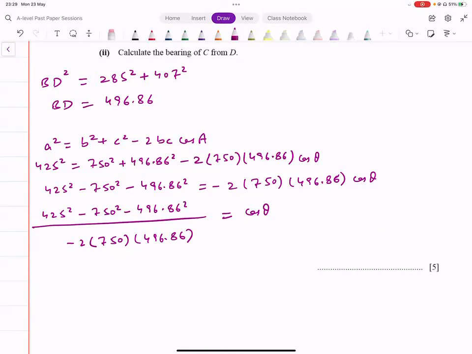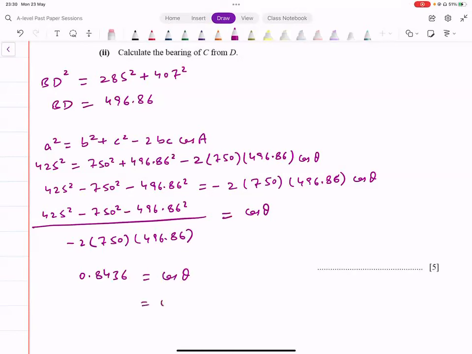So let's do that. 425 squared minus 750 squared minus 496.86 squared. In the denominator, I've got minus 2 into 750 into 496.86. So this is giving me 0.8436 on the left side. ये मेरे पास cos theta आ गया.